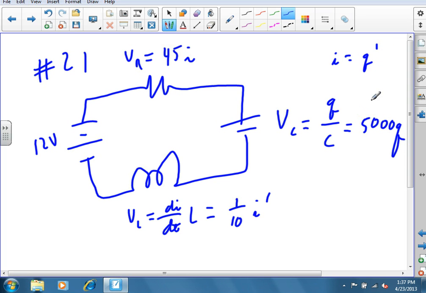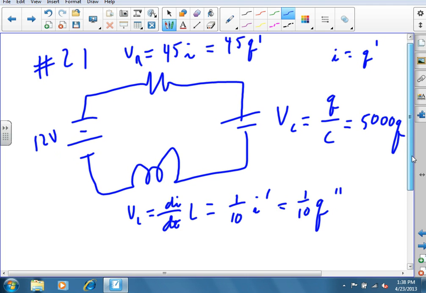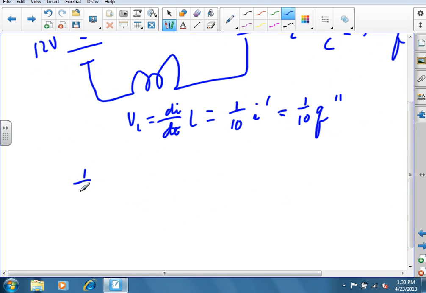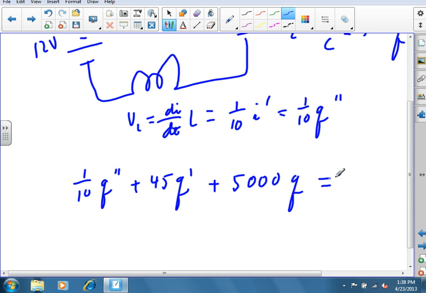And I is Q prime, so this is going to be 45 Q prime, and this is going to be 1/10 Q double prime. And now we're going to have 1/10 Q double prime plus 45 Q prime plus 5,000 Q is 12.